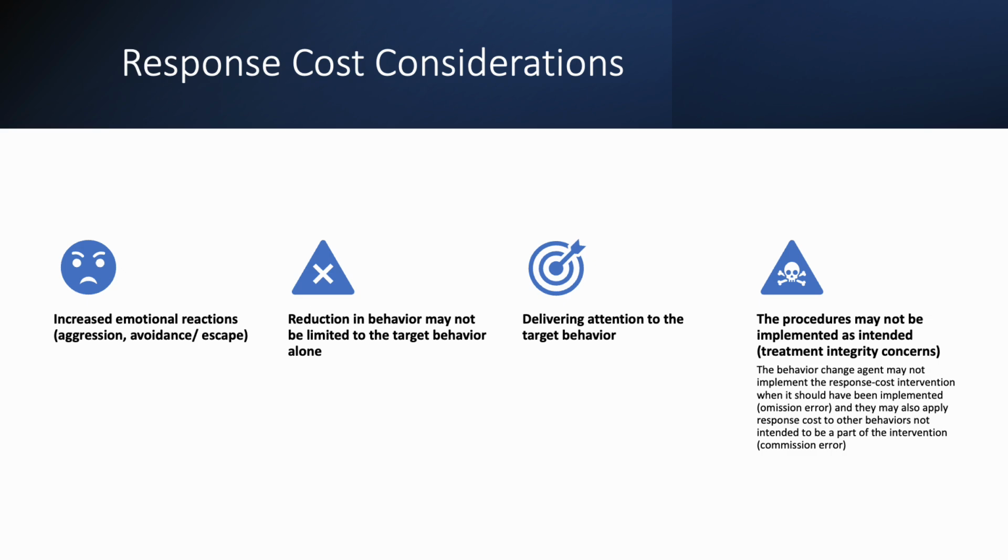And so the therapist or the caregiver, whoever is the person implementing the intervention, will start to implement response cost with other behaviors that they should not have been. So this is, again, something that you want to be careful with. This is like a form of overuse of punishment.